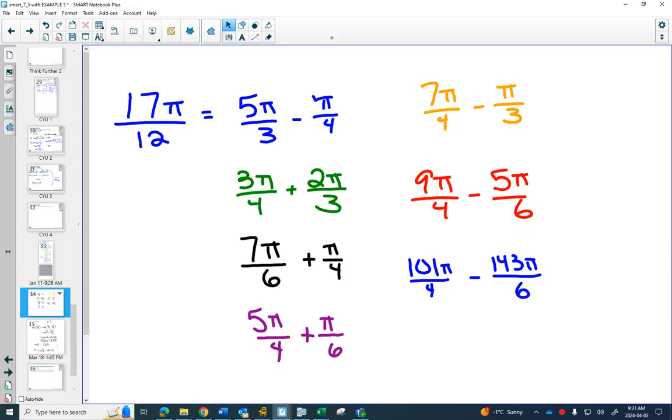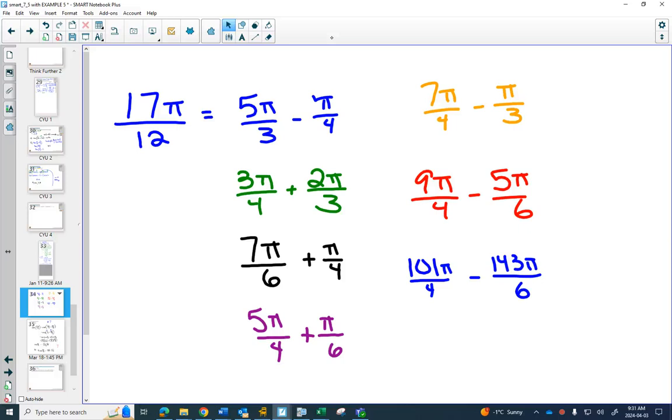And we're able to come up with one of them quickly by noticing a pattern in these first 7. Now all 7 of these, if I say what do they have in common? Well, they all make 17 pi over 12. But there's something that each of the different colored ones has in common with each other that's always true.